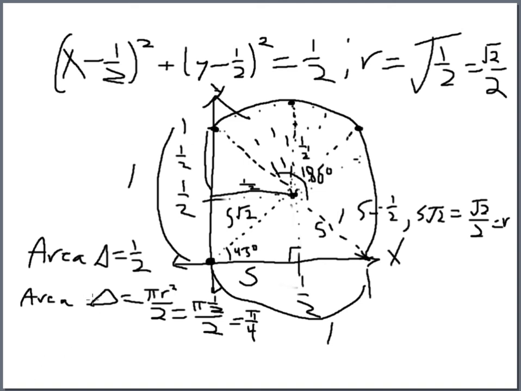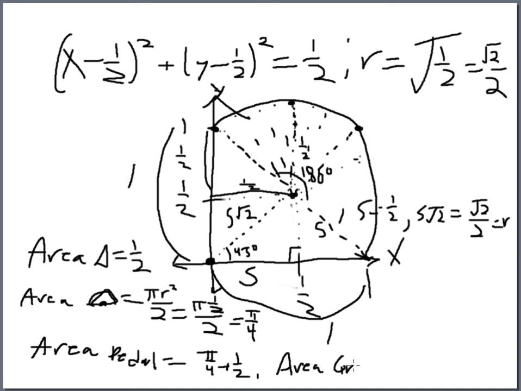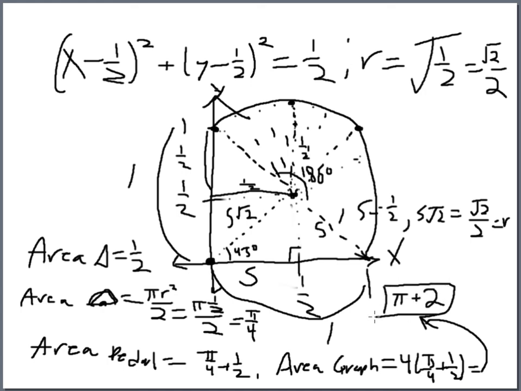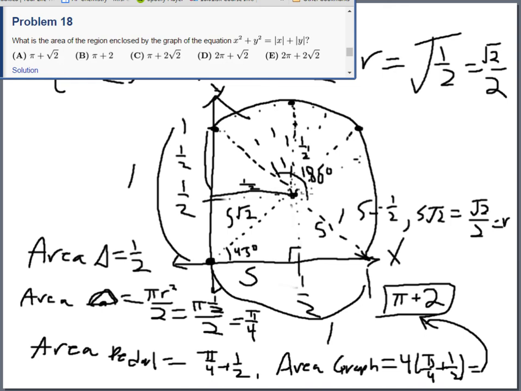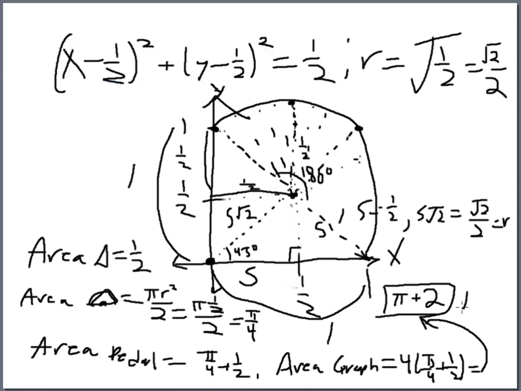So now, this is supposed to be a semicircle, but now we have the area of the petal, because this looks like a petal, is equal to pi over 4 plus 1/2. So now the area of the graph is equal to 4 times the area of the petal, which is equal to, don't have enough space, which is equal to pi plus 2. And now we can select B as our answer.